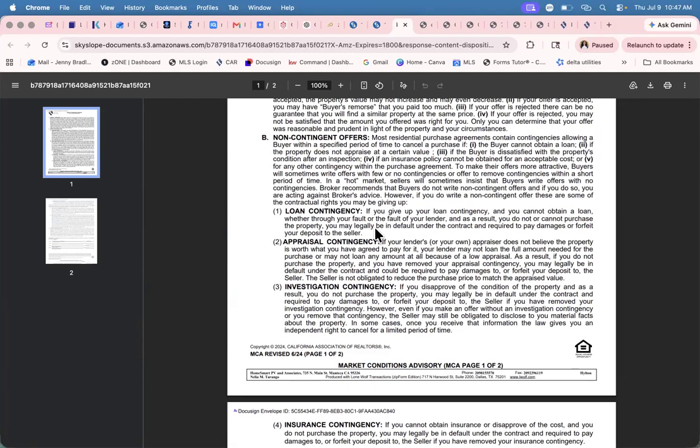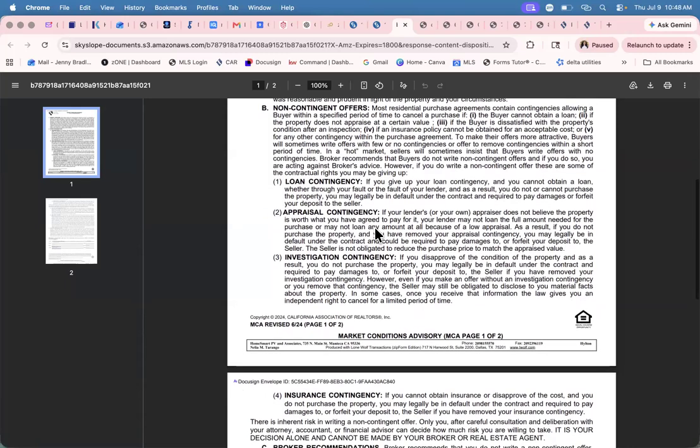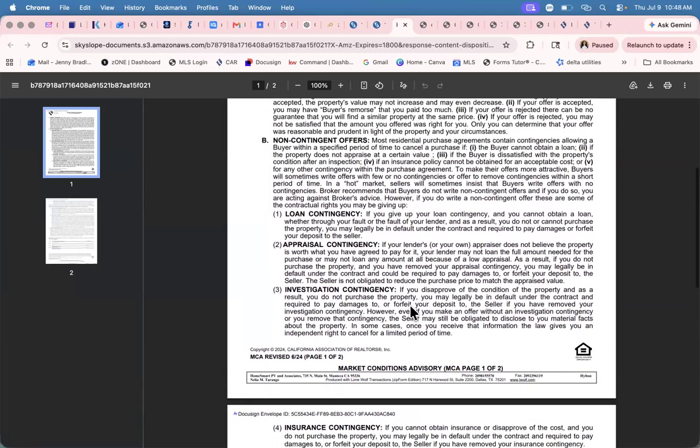Appraisal contingency and investigation contingency, you can definitely work around, because for appraisal you can renegotiate the price or your buyers can pay for the gap. But if you remove any of these, you cannot use that as a reason to back out.